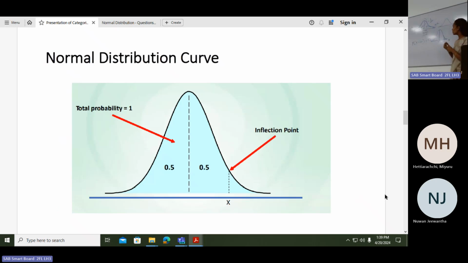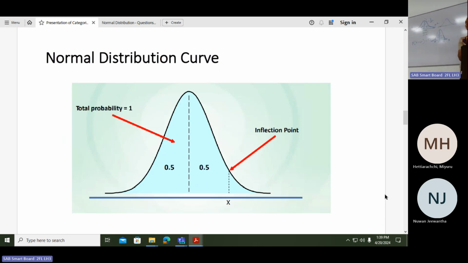We can calculate less than 30. We can also calculate the weight being between 30 and 60. This area we can calculate. But we cannot calculate the probability of a constant value. The probability of x equals 30 or x equals 60, we cannot calculate.